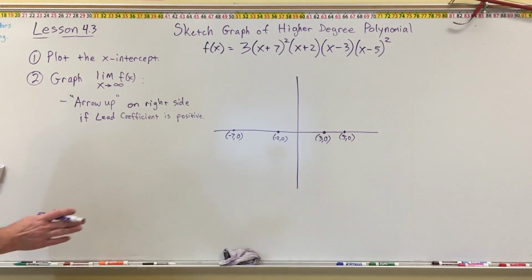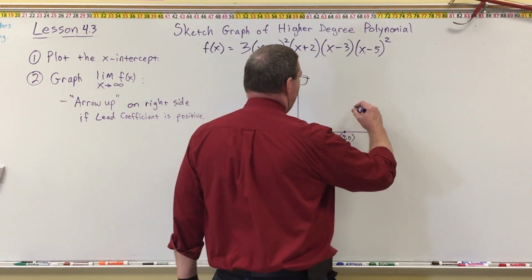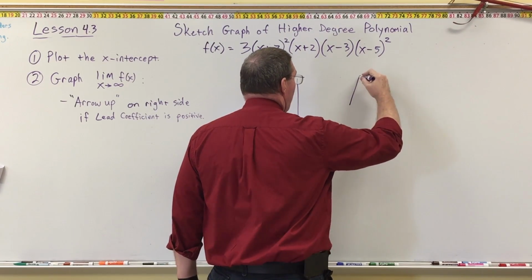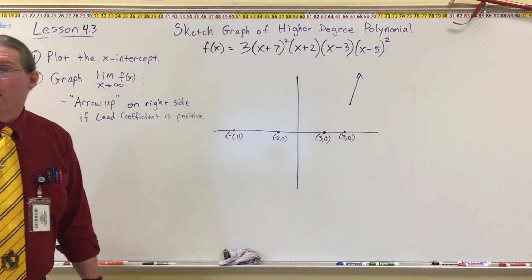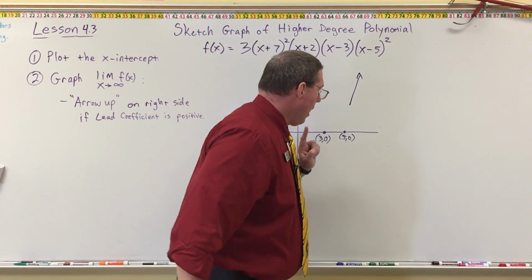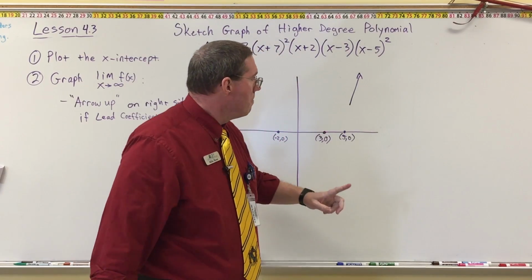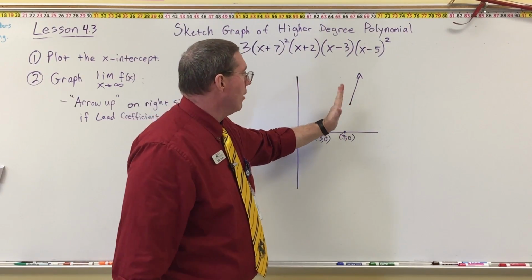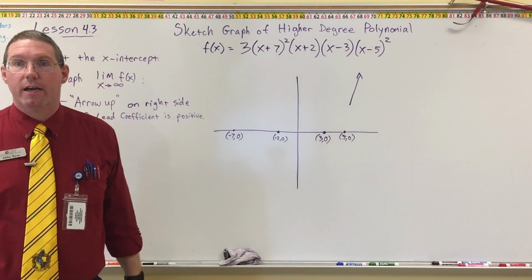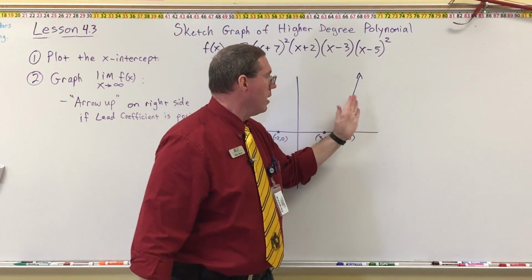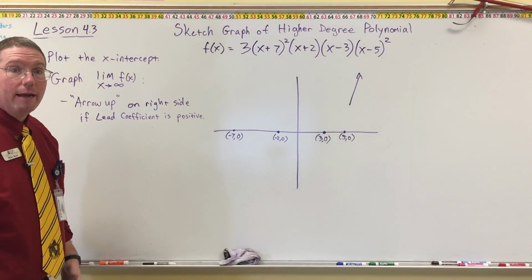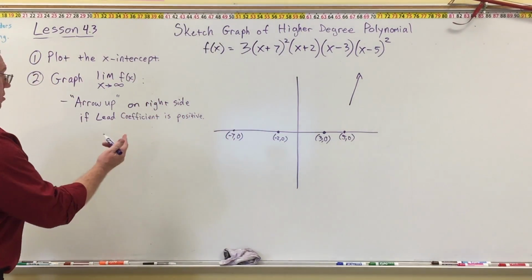So over here on the right-hand side, watch what I'm going to do. Up in the first quadrant, I'm going to draw an up arrow. What I'm basically saying is that as the x values approach infinity, the output values are up and up. They're also approaching positive infinity. So as x approaches infinity, y approaches positive infinity as well. That's what that basically means. Now, what if the lead coefficient was not positive?